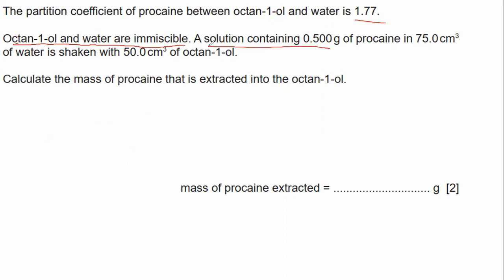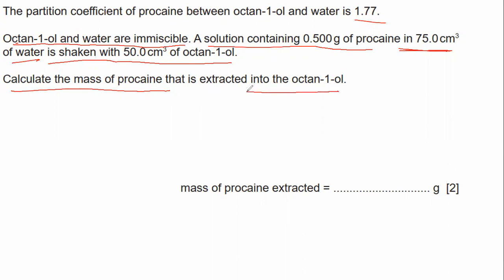A solution containing 0.5 g of procaine in 75 cm³ of water is shaken with 50 cm³ of octan-1-ol. Calculate the mass of procaine that is extracted into octan-1-ol. KPC is 1.77, equal to the concentration in octan-1-ol over the concentration in water.